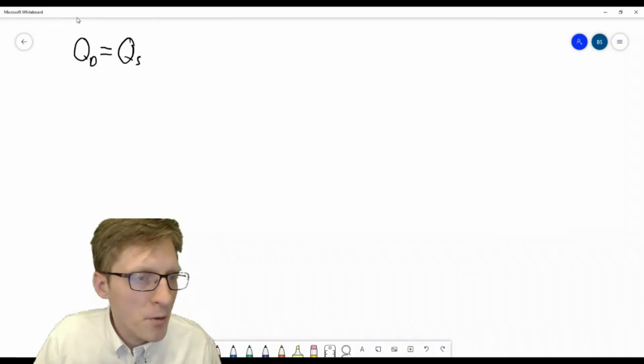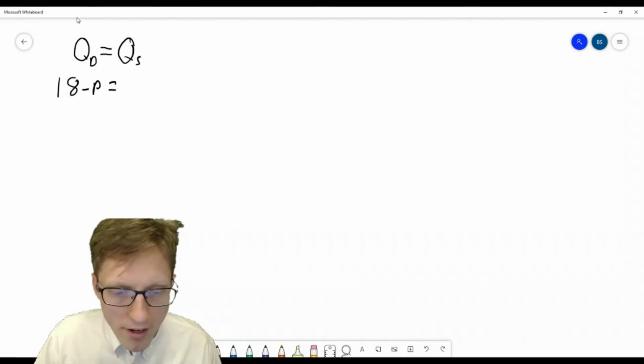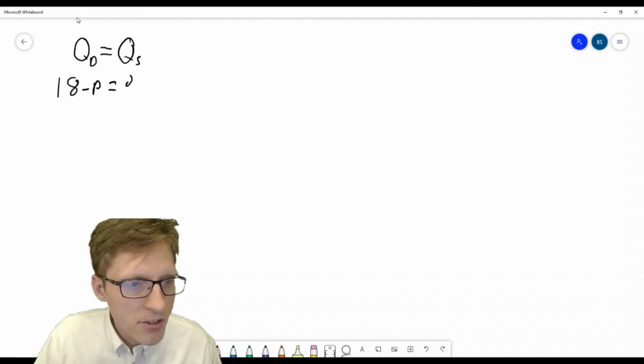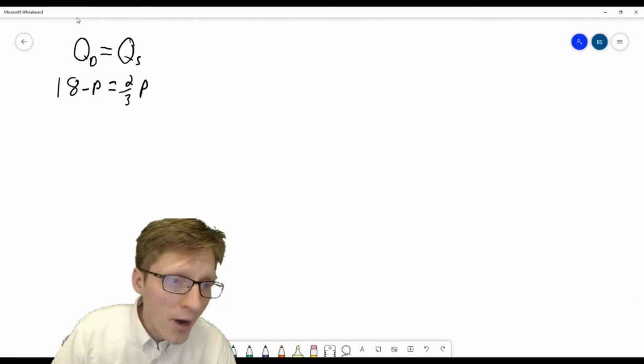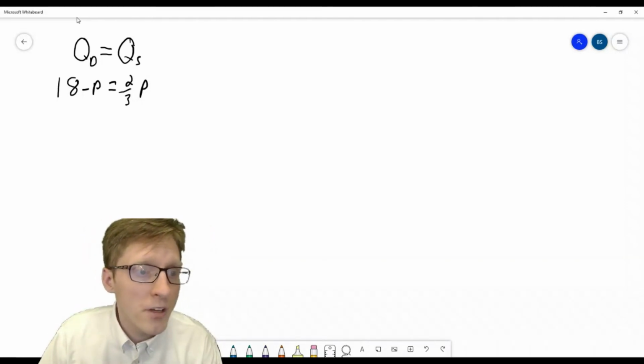In this example, the quantity demanded is 18 minus the price, and the quantity supplied is 2/3 times the price. To solve this problem, all we have to do is solve this equality.